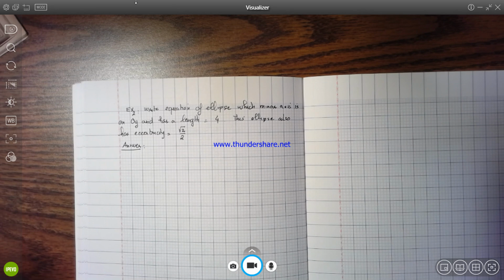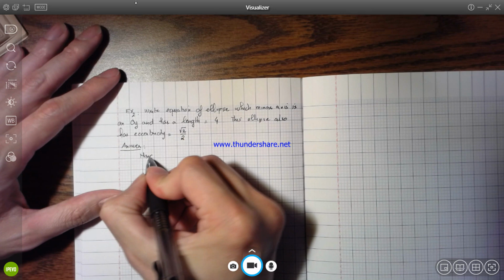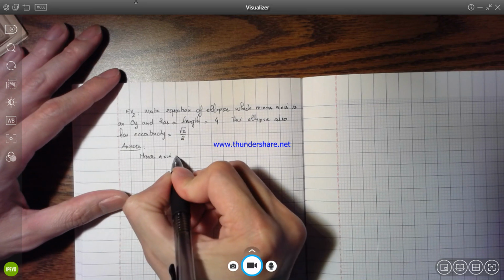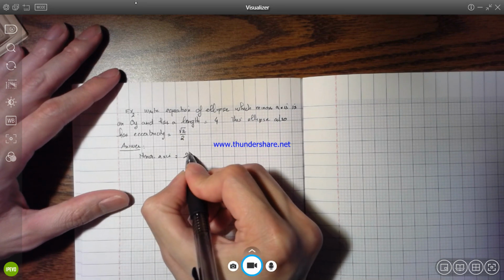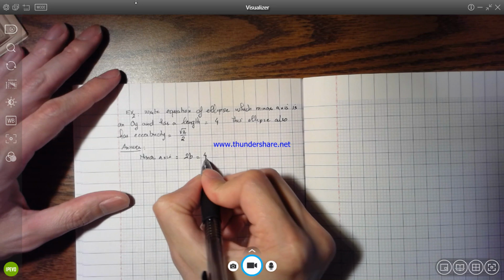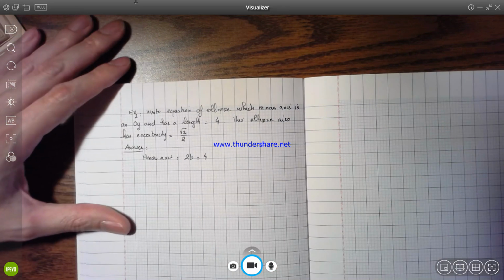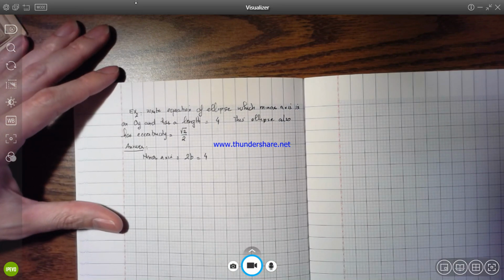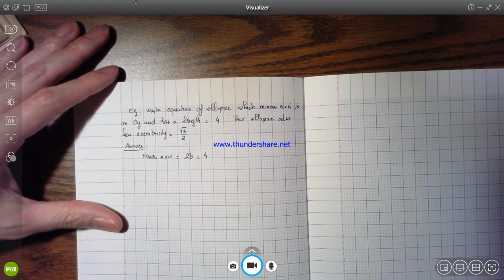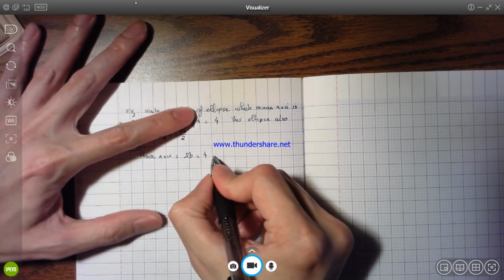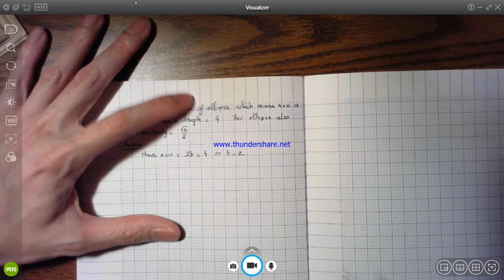It means 2b equal 4, the length of the minor axis. So b equal 2.